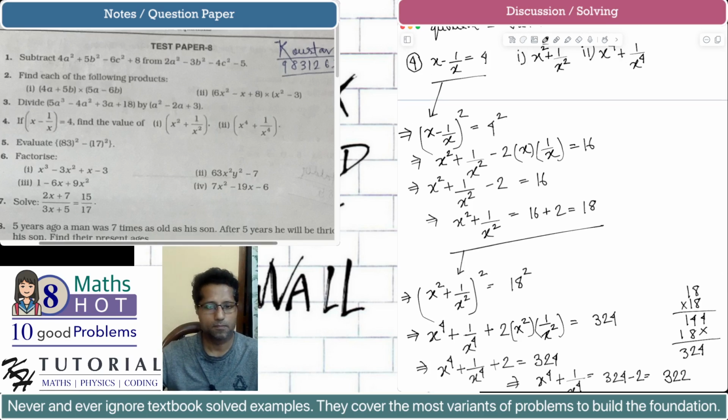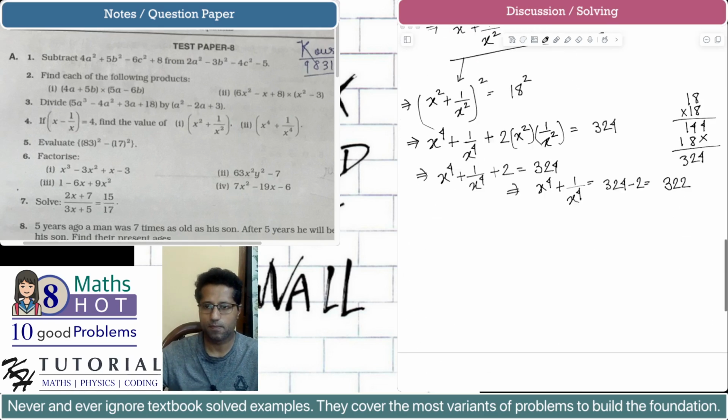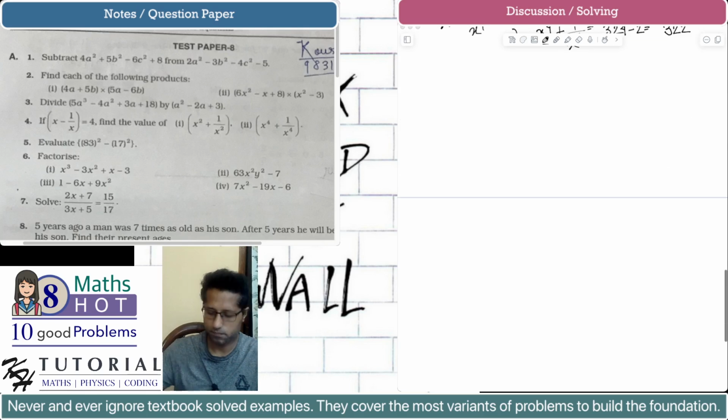Okay, let's do problem number 5. We have to evaluate the given expression 83 square minus 17 square.